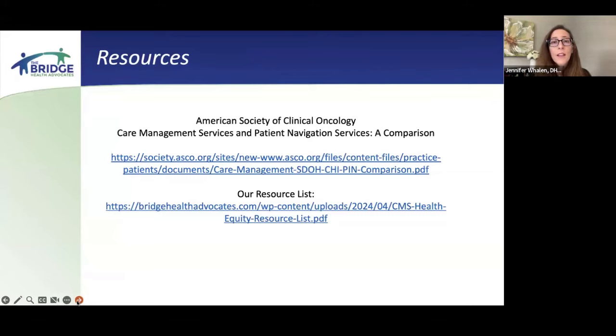As far as resources, they are ever changing because this new fee schedule just came out at the beginning of 2024. You can see here they also reference care management. So you've got to understand care management if we want to understand the new fee schedule. We created our own extensive resource list that is 3 pages long, thanks to Jen.